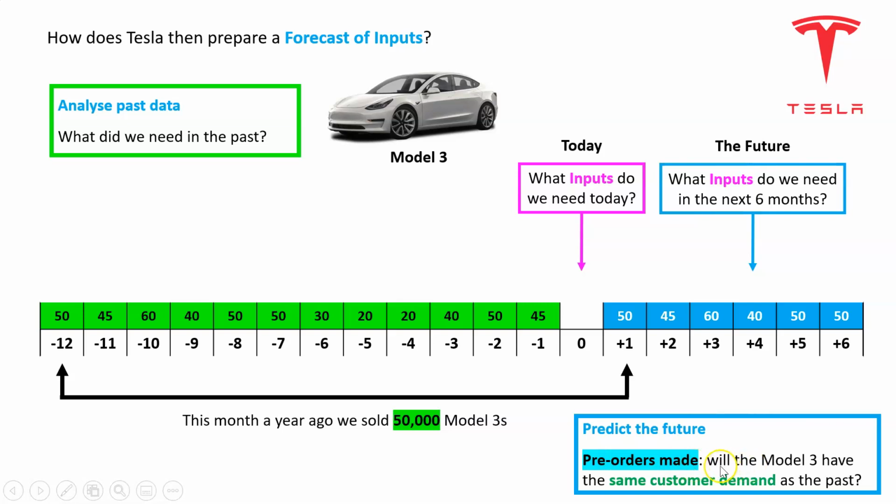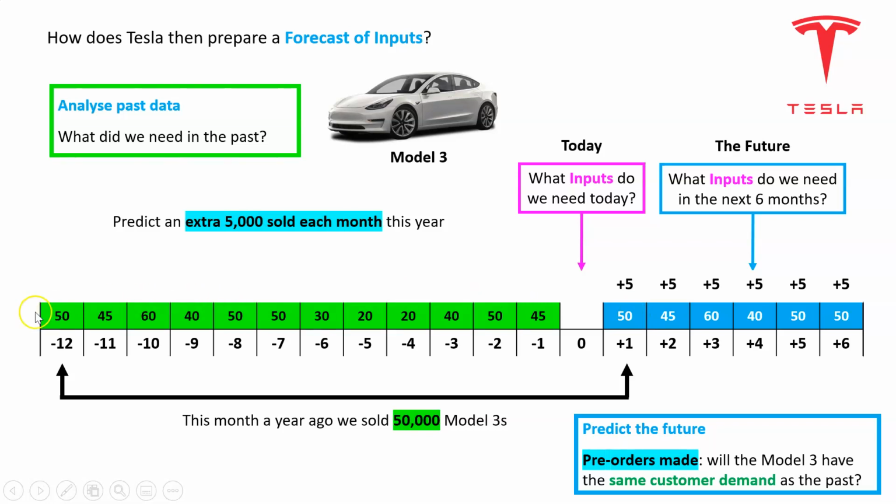So we can lock those in. But then they can also do some market research and figure out, will the Model 3 have the same customer demand as the past? And maybe their prediction models say, we predict an extra 5,000 models will be sold each month this year. So now we can increase, this is the old data, 50,000, then 45, then 60, etc. Well, let's increase those by 5,000.